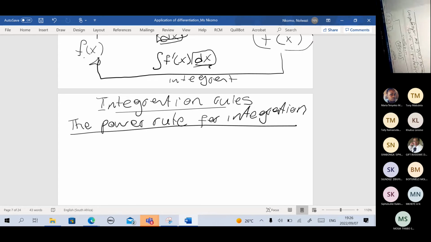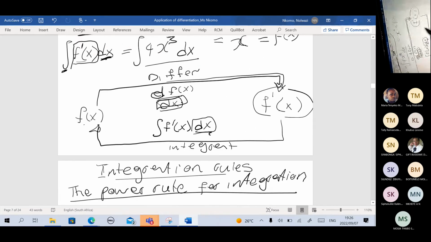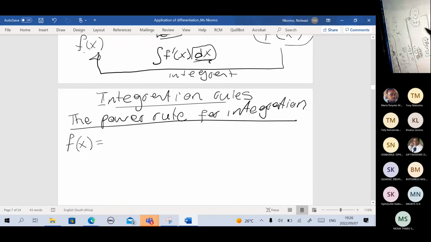Let's say again we are differentiating a function such that our function f at x is equal to x to the power 4, right?